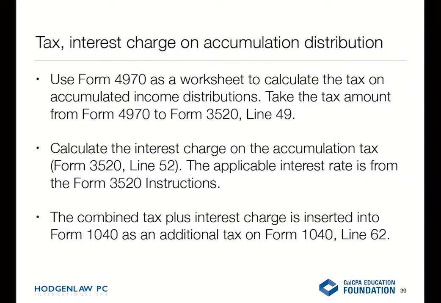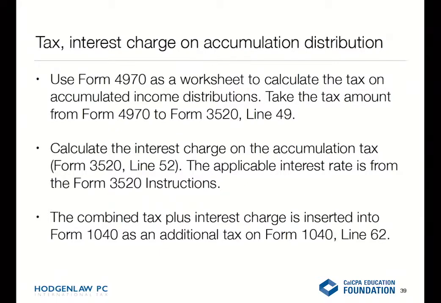So when you have your accumulation distribution, whether you're operating under the actual method or the default method, you're going to use Form 4970 as a worksheet to calculate the tax on the accumulated income distributions. And then you take the tax amount from 4970 to the 3520, line 49. That's in Part 3, Schedule C. And then there you're going to calculate the interest charge on the accumulation tax, and the interest rate is actually just, you take it from a table in the Form 3520 instructions, you multiply it by the tax, and that's how you get your interest charge.